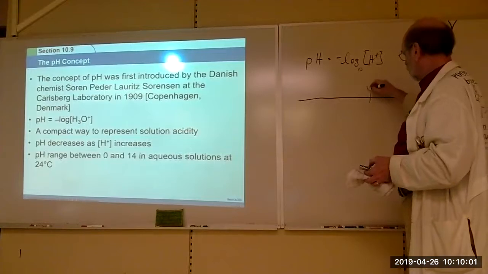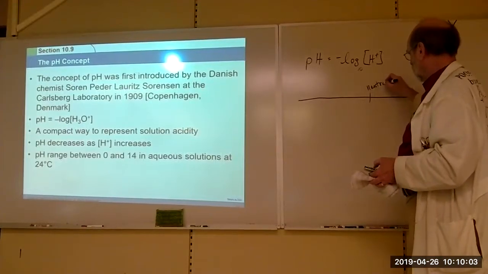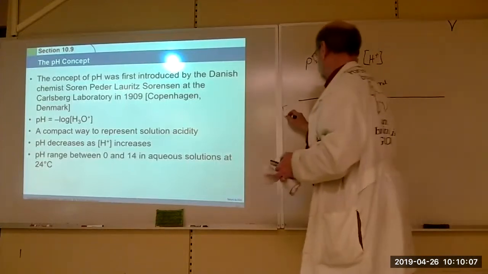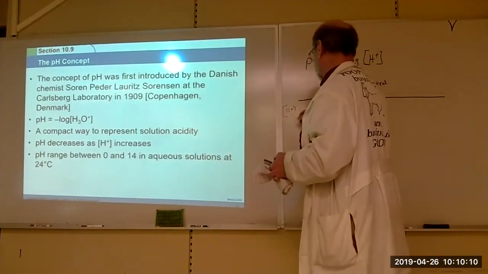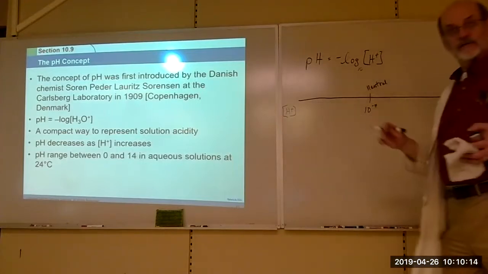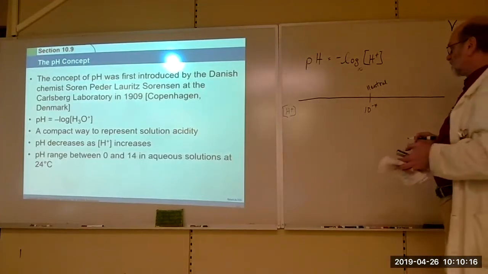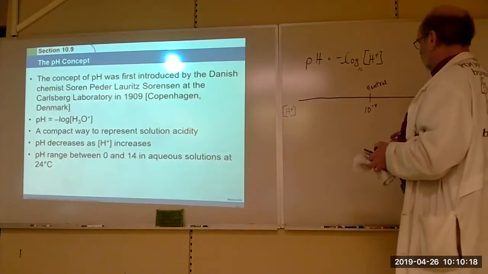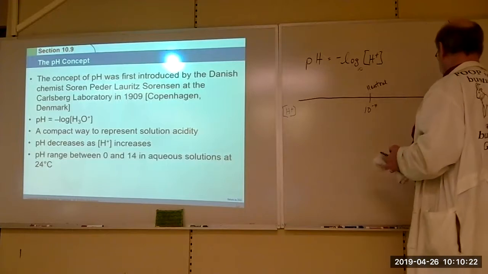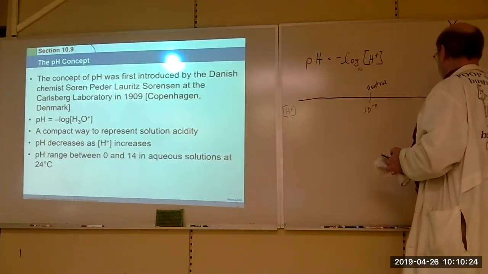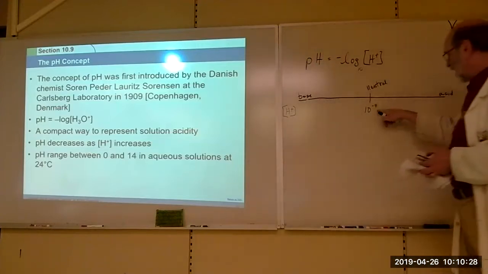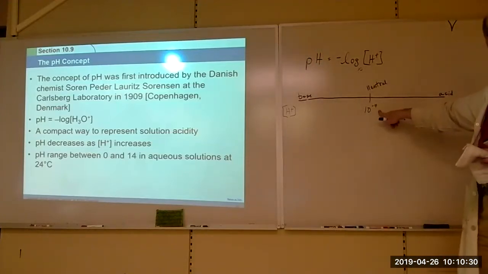So if this is neutral, the hydrogen ion concentration, or the hydronium concentration, is 10 to the minus 7 in water, right? So if it's more acidic, this is the acid end, this is the base end. It would need to be a higher concentration of hydrogen ions, right?